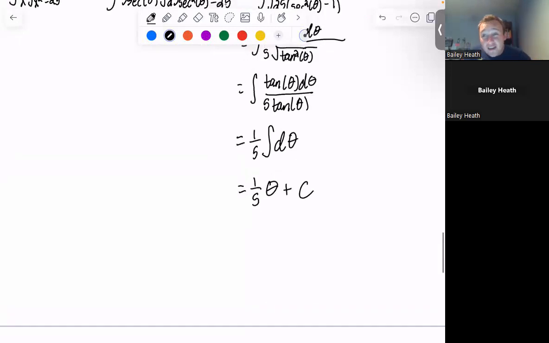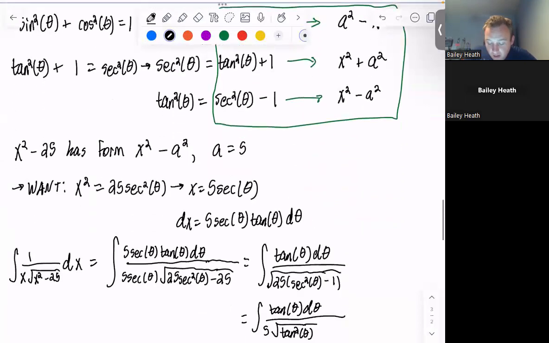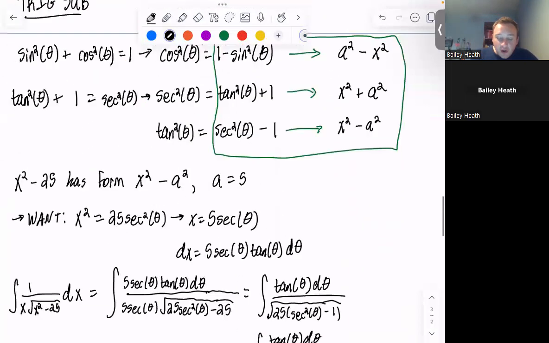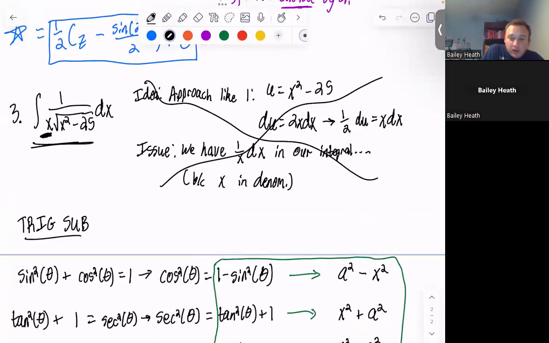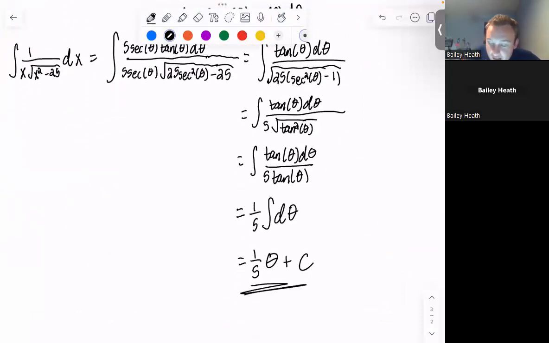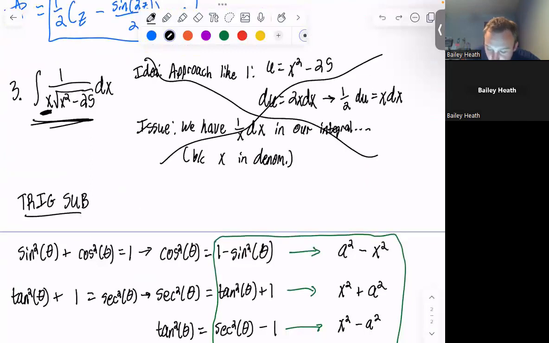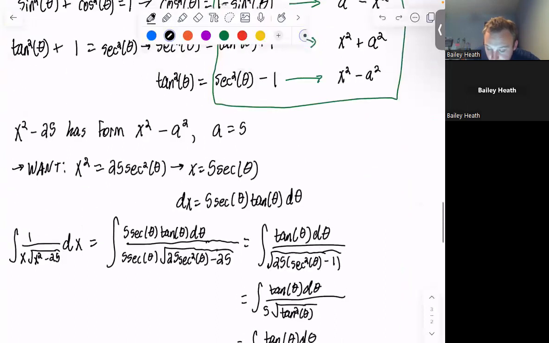However, we're not quite done, because just like when we did our u sub, the integral we were given started with the variable x. Now Zoom is yelling at me that my meeting will end soon, but I'm going to have time to get through this problem. The problem was given to us in terms of x, so our answer needs to also be in terms of x. So how do we do that? How do we figure out what this integral should be in terms of x?